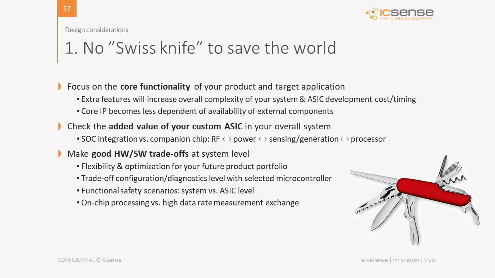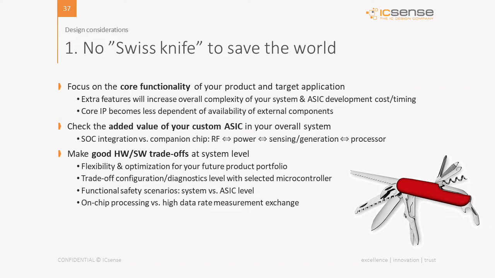For a given technology flavor, this will increase the noise level at the substrate, and this will have a big impact on the overall behavior of your chip. So make good trade-offs on what you will put on the chip and what you will use a companion chip for. In most cases, we see, next to the mixed-signal ASIC, a companion chip, for example, for either the RF or the microprocessor functionality.